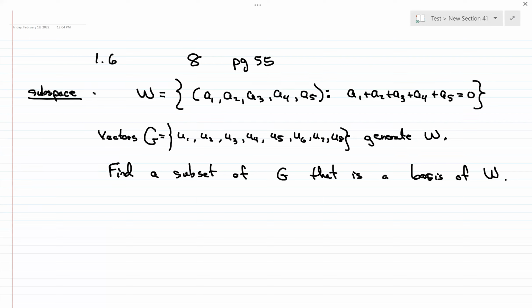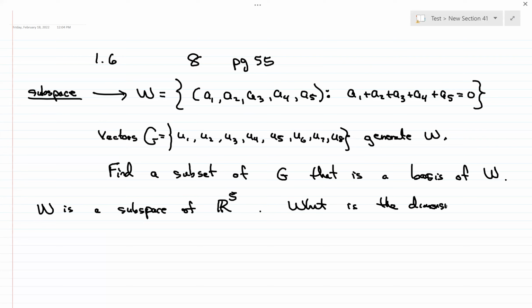W is a subspace, and these generate W. Well, since W is a subspace of R5, what is the dimension of W? That would be a nice thing to know.